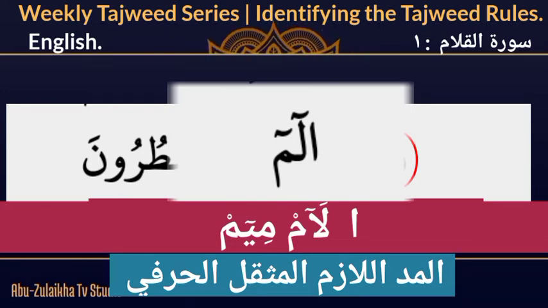In this case, we said that if immediately after mim sakina, the next letter happens to be mim, that rule is known as idgham shafawi. In this case, the mim sakina has been assimilated into the second mim. Do you understand? That is what I was trying to explain earlier.